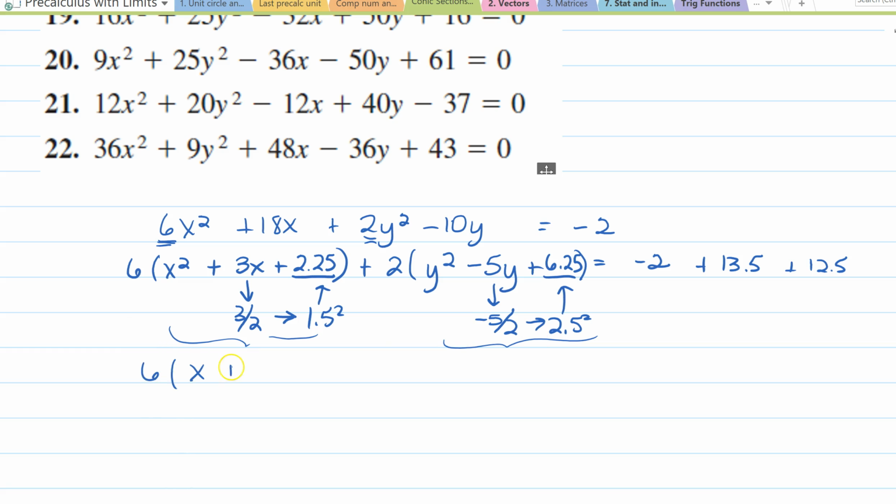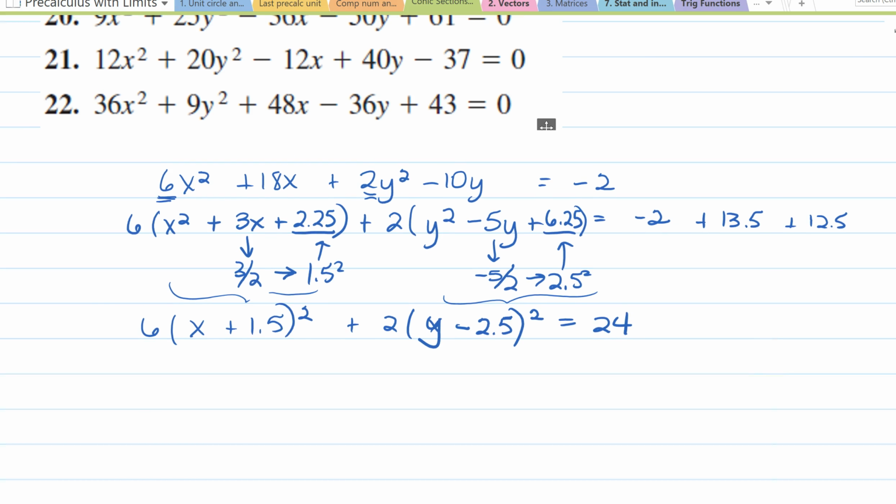That's 6 times (x + 1.5)² plus 2 times (y - 2.5)², that's a negative, is equal to 12.5 plus 13.5 minus 2 is 24.